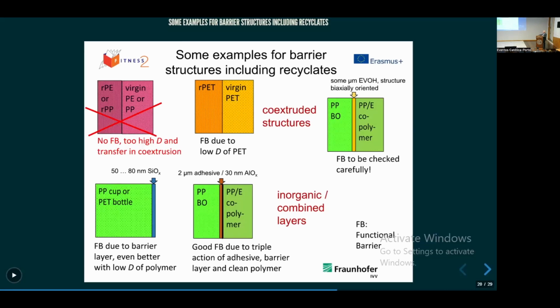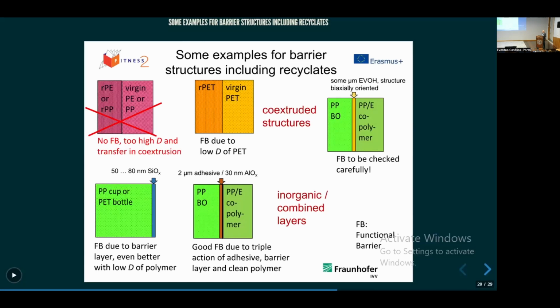This could be recycled. The question is, is it really a functional barrier? If you co-extrude it, and if you use recyclate material here, probably could be, you don't know, it depends on the circumstances.